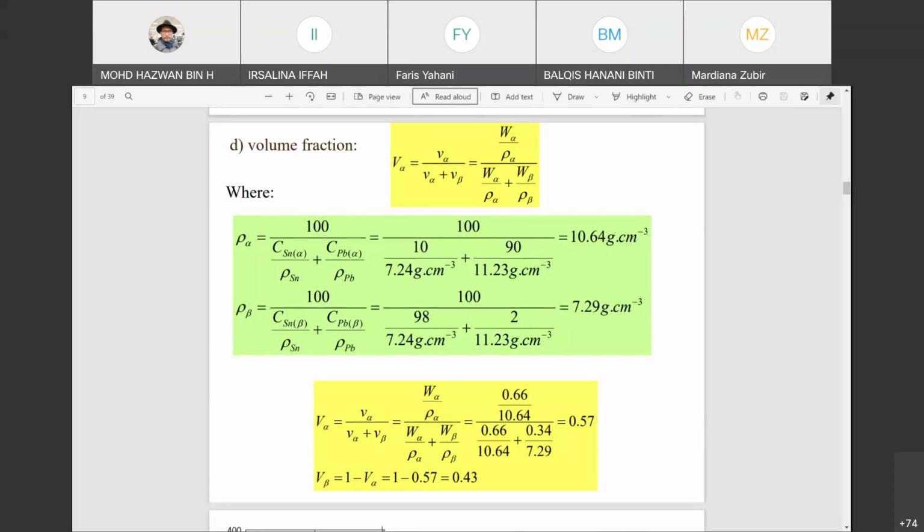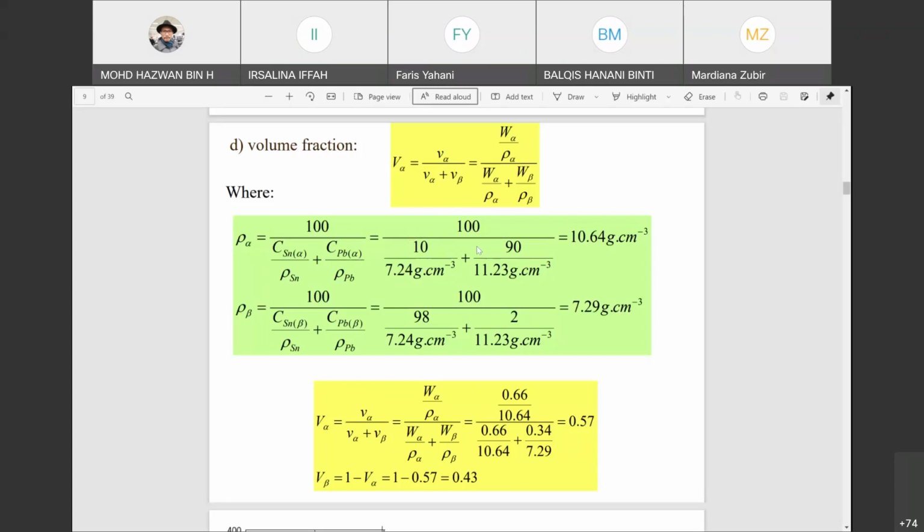So the density of alpha can be calculated as follows. The total, the total mass or the total density is equal to 100% divided by, first, the composition of alpha, because the question asks for the density of alpha. The composition of tin in alpha is equal to 10, and the remaining composition of lead will be 90%.